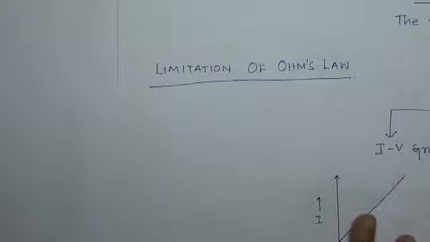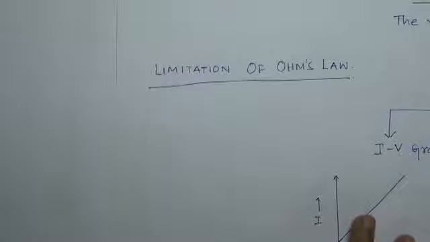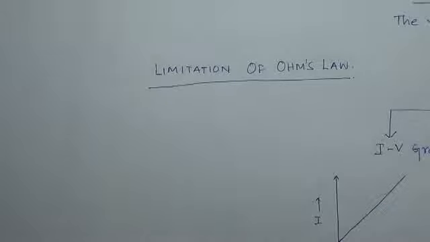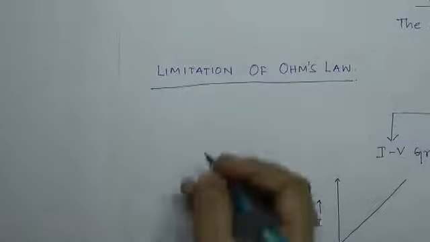We read that according to Ohm's law, the current flowing in a conductor is directly proportional to the potential difference applied across its ends, provided the physical conditions and temperature of the conductor remain constant. That means the limitation is that Ohm's law is obeyed only when the temperature of the conductor remains constant.